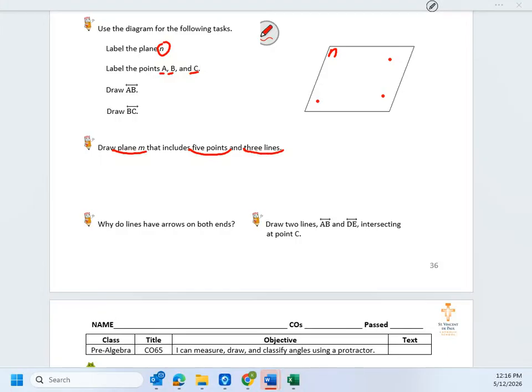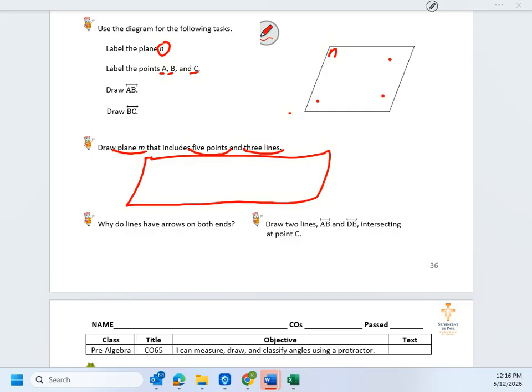Include 3 lines in that plane. So you're going to draw your own plane, like up here, and label all those different parts inside the plane.